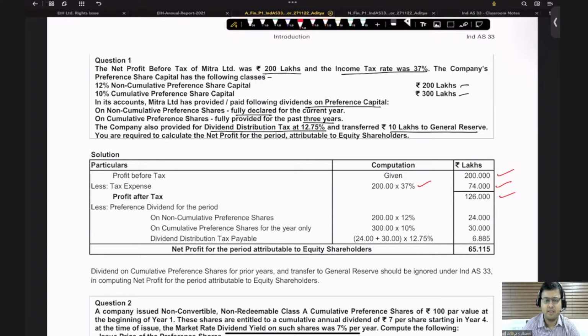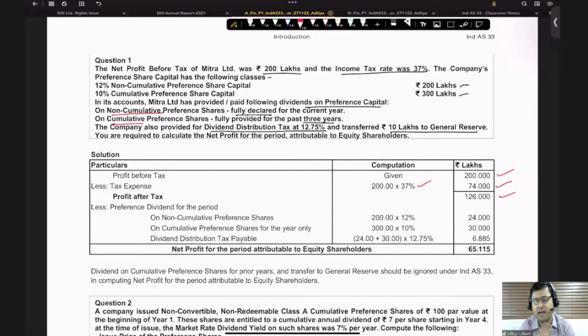So this preference dividend is on account of two shares. One is non-cumulative, the other is cumulative. What do you mean by cumulative? You may or may not declare or pay the dividend, but dividend accrues every year. It's a liability on the head of the company at the end of each period. Okay, so you are all aware of this. Cumulative preference shares means it is provided every year.